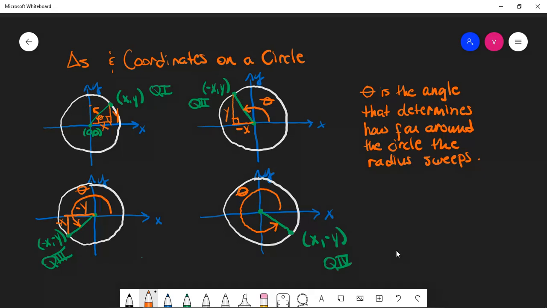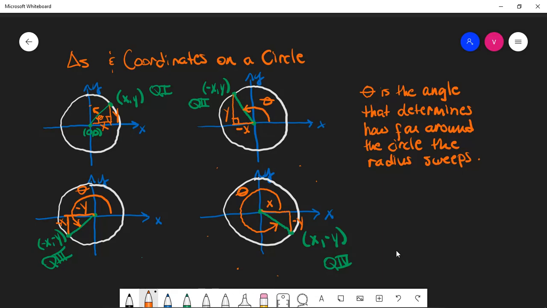Is it in quadrant 1, 2, 3, or 4? That's all you have to worry about. Once your radius stops in that quadrant, you draw your triangle. Here's the negative y value, here's the positive x. See the coordinate system below the circle. Every point has its quadrant that it belongs to. We're just talking about the points around the circle. What quadrant are they in? There's your positive x and your negative y on that one.